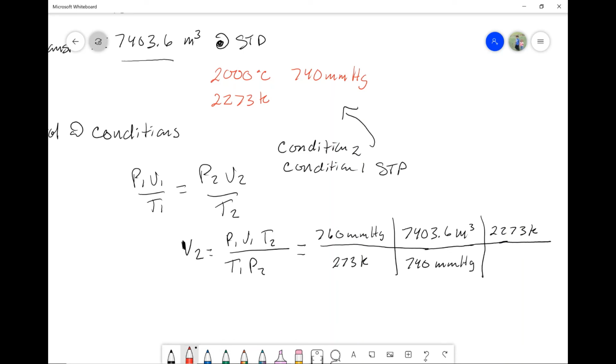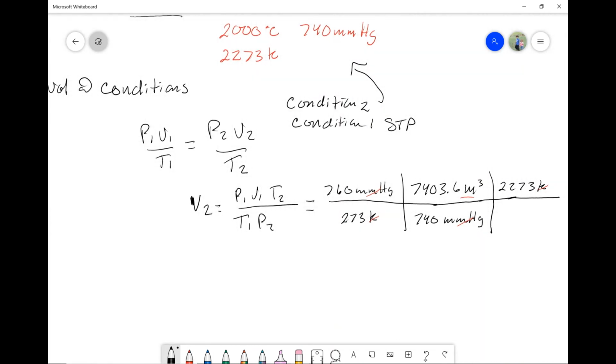And cancel, cancel, cancel, cancel. We're left with cubic meters. That's what we want. So V2 equals 760 times 7403.6 times 2273.